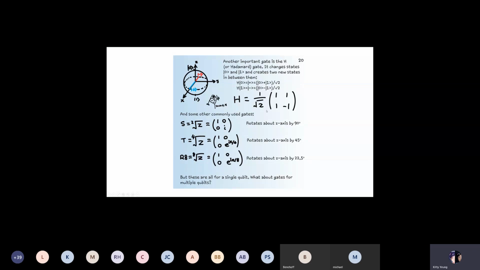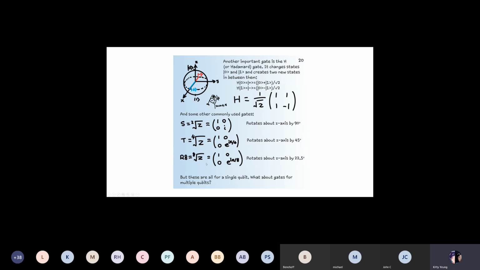So the H gate is very frequently used. You will see it in almost every algorithm, and we will see a lot of that later. We can also divide those larger matrices into finer grids. Say you can take the square root, or the fourth or eighth root, of the Z gate, and it just rotates around the Z axis by a smaller angle.